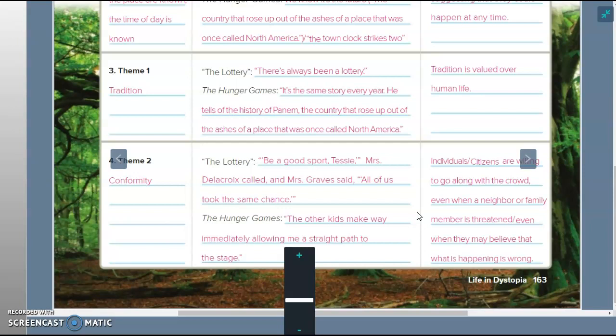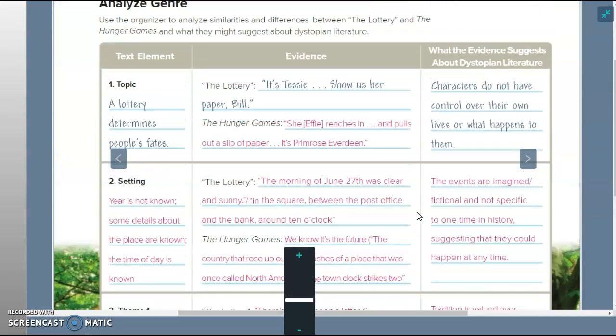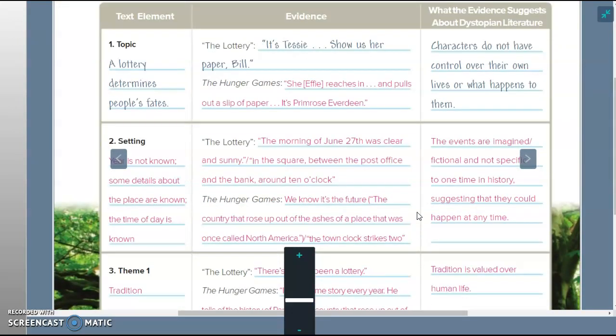However, in The Lottery, when Mrs. Hutchinson's name was called, the husband was like, "Hey, be quiet, quit embarrassing me, kind of. Just go along with it," right? Compared to Katniss, who was like, "No, I'm not going to allow my sister to be a part of this," right? Okay.